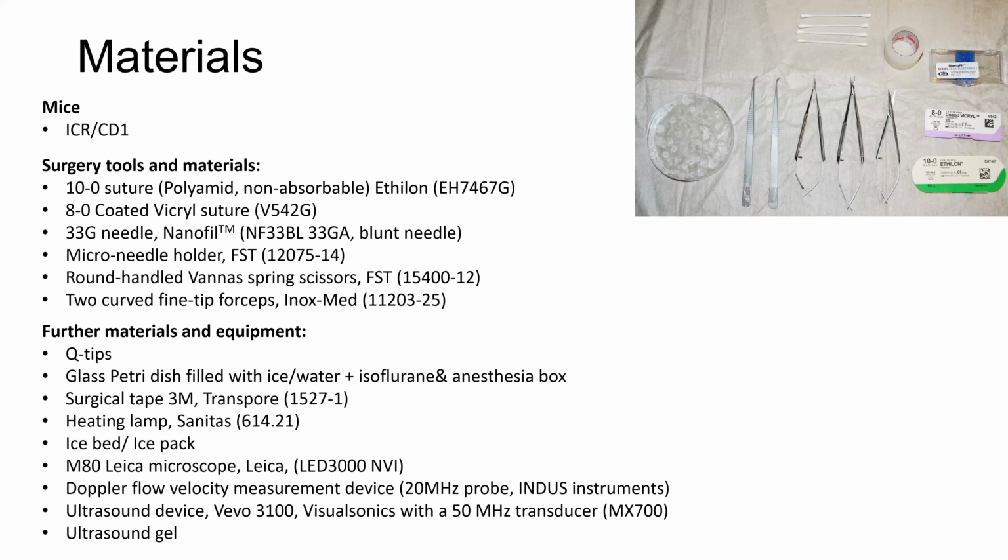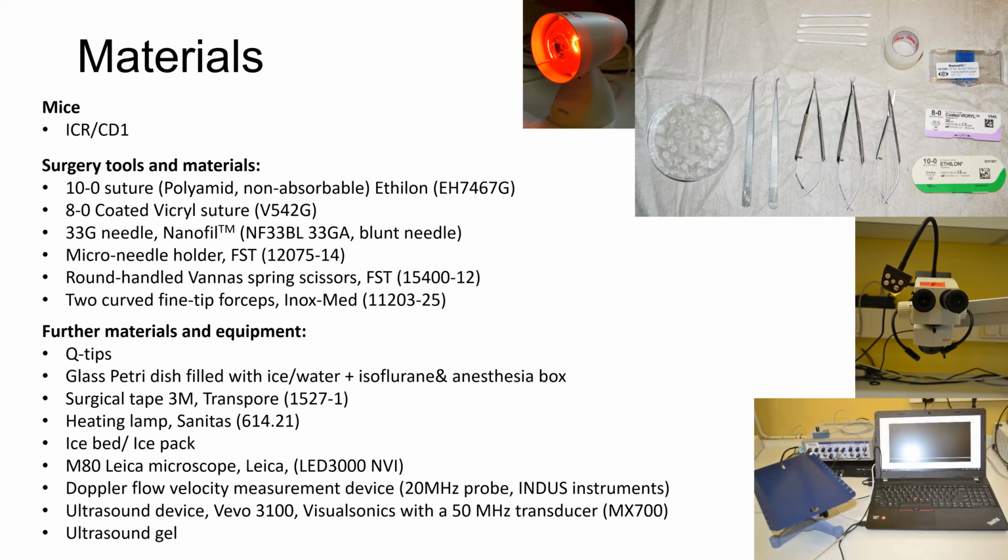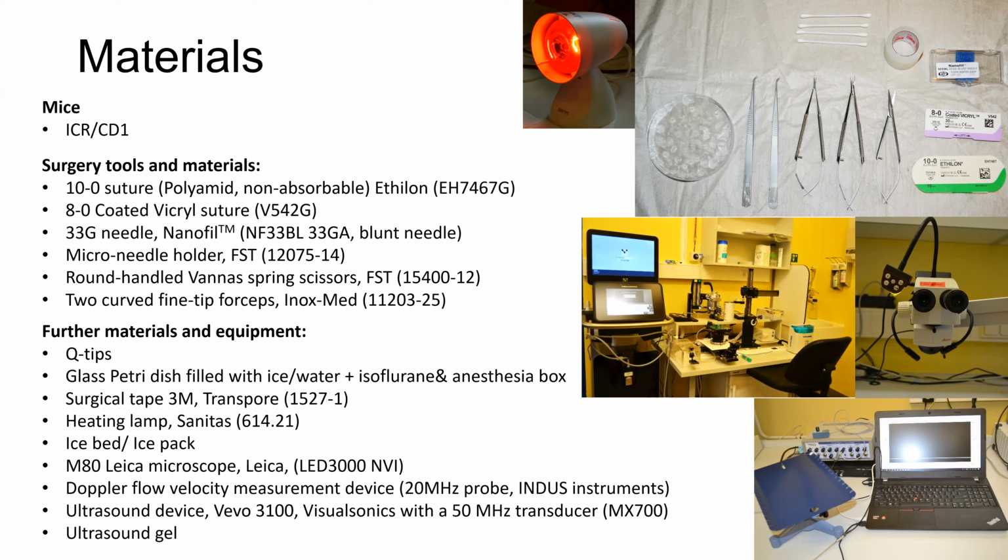A heating lamp is needed for recovery of the mice. An ice pad is used as operating table, and you need a microscope with enough external or internal light source. You will need a Doppler Flow Velocity measurement device, an ultrasound device, as well as ultrasound gel.